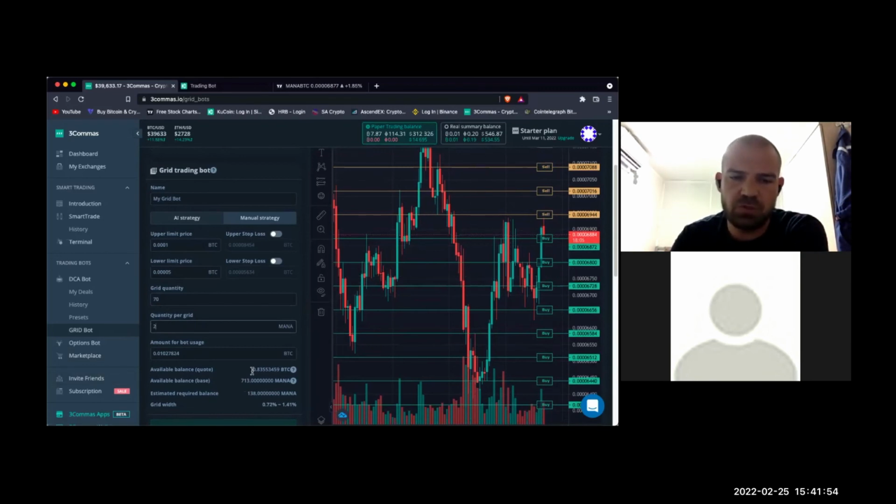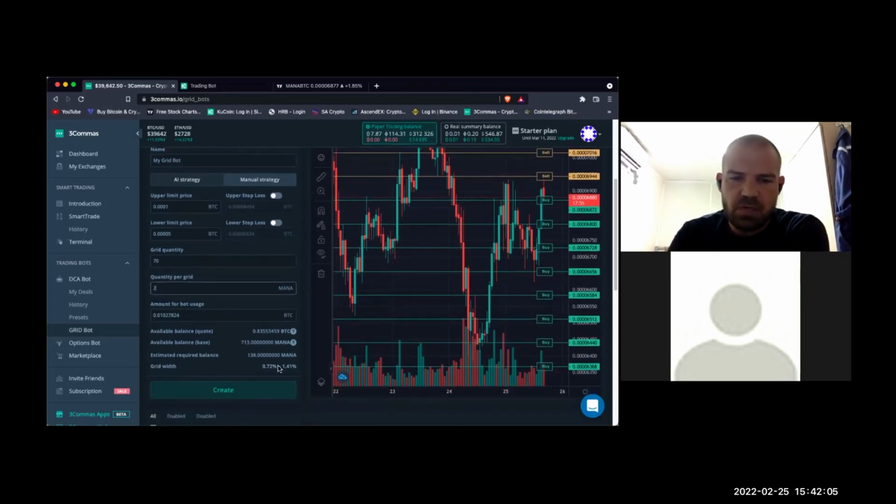Because there it shows you that's the amount for the bot, and that's what the balance will be. That's the required, and then that's your grid width. So it's 0.72 to 1.4.